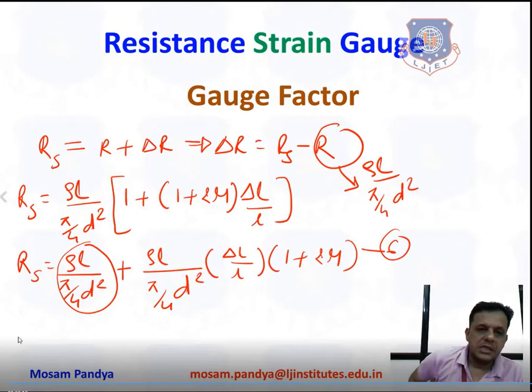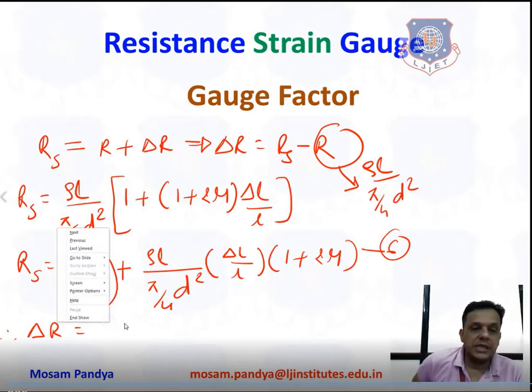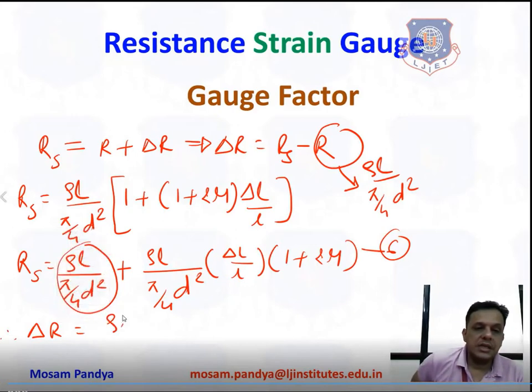If I straight away write down delta R, that is RS minus R, that first term will be subtracted as it is the value of R. So the remaining equation will be rho L upon pi by 4 d square into delta L upon L into 1 plus 2 mu.